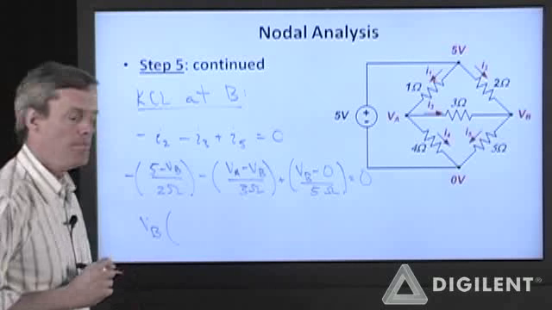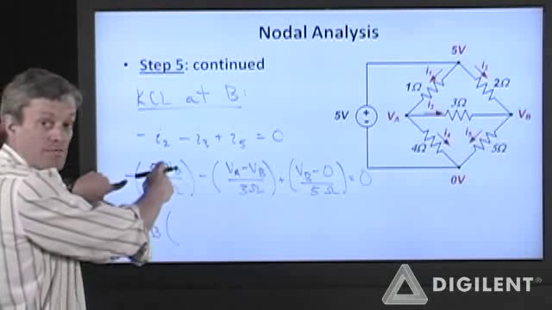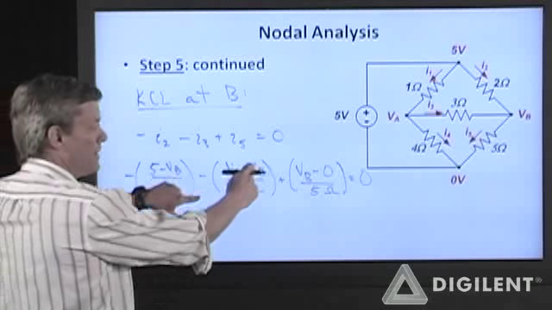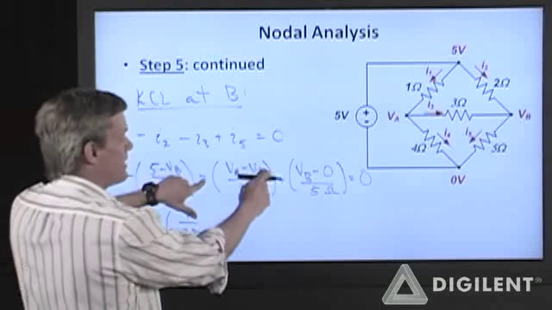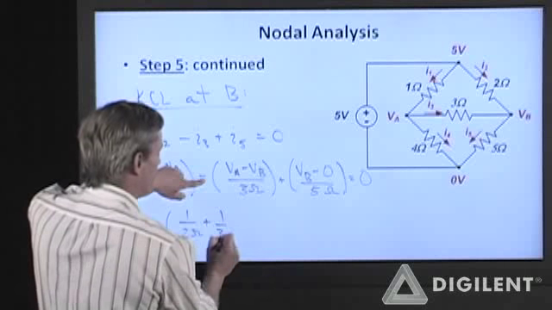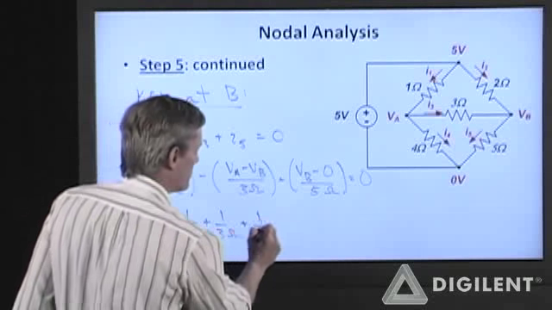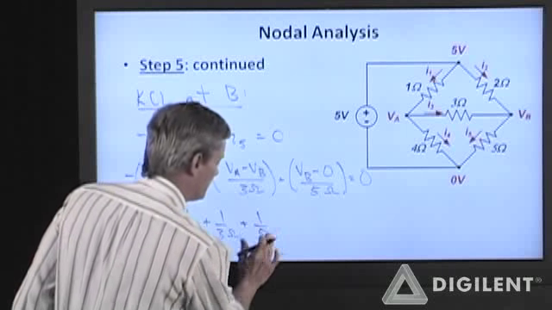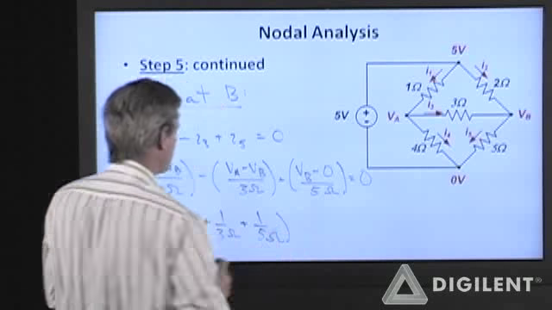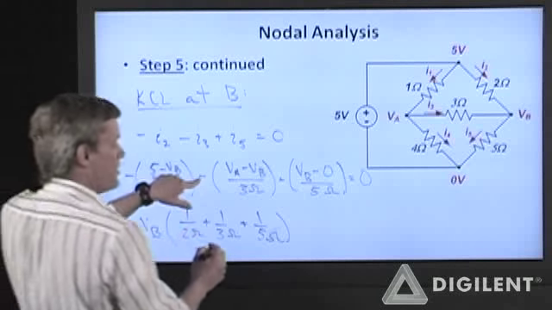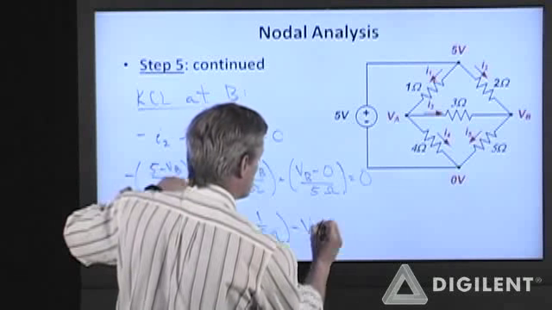Now let me pull out the multiplicative factors on VB. VB multiplies a negative times a negative, which is a positive, so I have a 1 over 2 ohms. This VB is a negative times a negative, which becomes a positive 1 over 3 ohms. This VB is a positive 1 over 5 ohms. VA multiplies a negative 1 over 3 ohms.